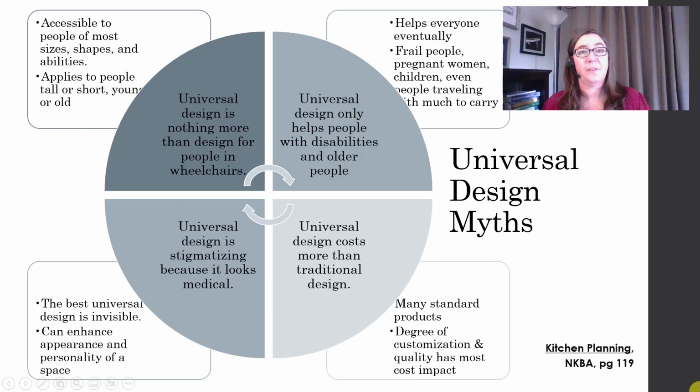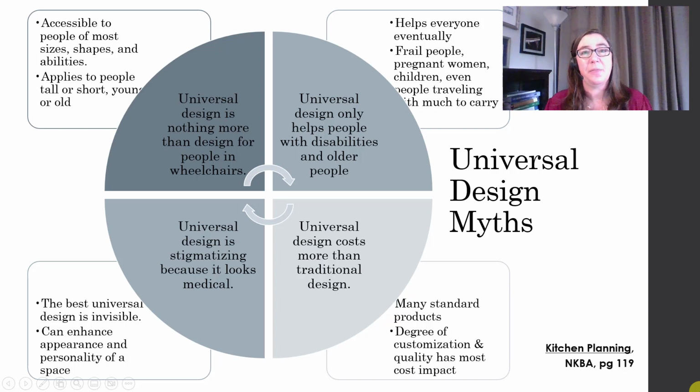There's a number of myths around universal design, right? So let's talk about them. One myth is that universal design is nothing more than design for people in wheelchairs. Well, in actuality, a good universal design, right, is accessible to people of most sizes, shapes, and ability, and therefore it applies to people tall or short, young or old.